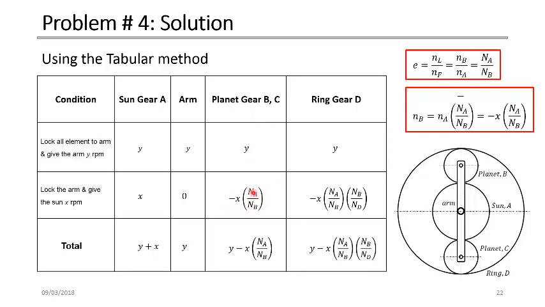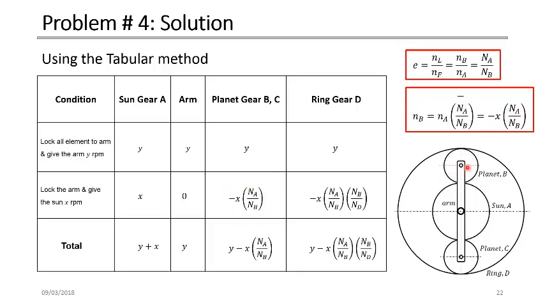NP is equal to NA, the speed of the first gear, which is the sun gear in this case, multiplied by NA divided by NB. It has a negative sign because they are externally engaged together. So if NA is X, as we've assumed here, the planet gear speed is negative X multiplied by NA divided by NB.